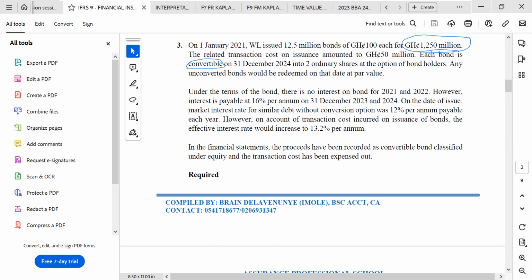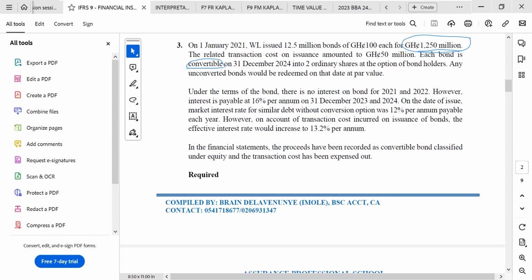The people will be having the money. It will be after the maturity date that the conversion will be done. So we account for the instrument during the maturity period as if there won't be any conversion. That's why we use the interest rate of a similar bond without a conversion right. So it is 12% per annum each year.